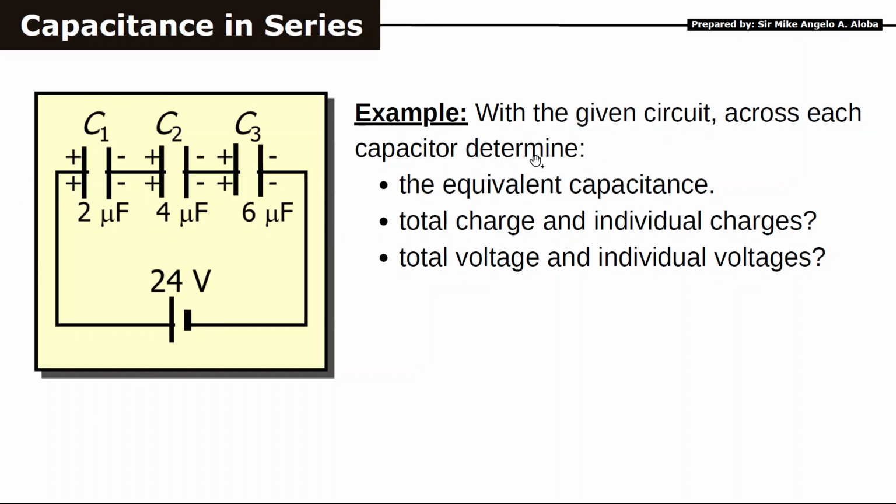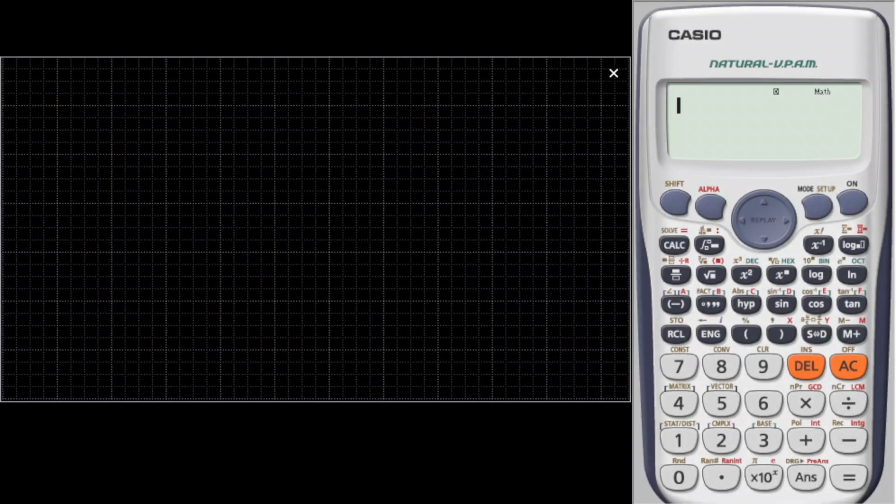Let's first look for the equivalent capacitance. Alright, so here you have given C1 is equal to 2 microfarads, C2 is equal to 4 microfarads, C3 is equal to 6 microfarads. And you are looking for the equivalent.